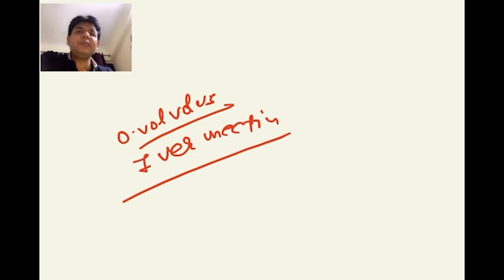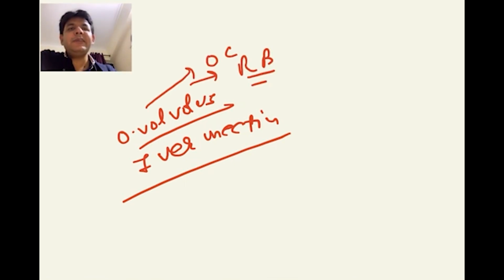The drug of choice is ivermectin. So ivermectin has three roles now: Strongyloides stercoralis, corona, and this Onchocerca volvulus. River blindness happens in and around the river.